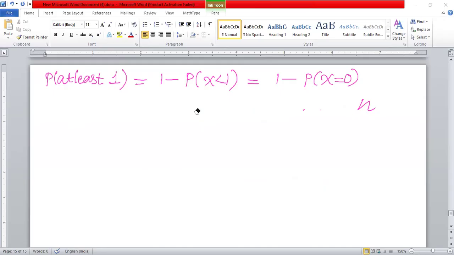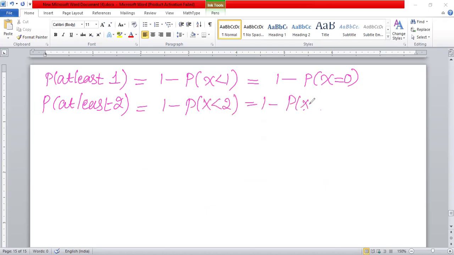So similarly, probability of at least 2 is equal to 1 minus probability x less than 2, that is equal to 1 minus probability x equal to 0 plus probability x equal to 1. So probability of at least 3: how to write?